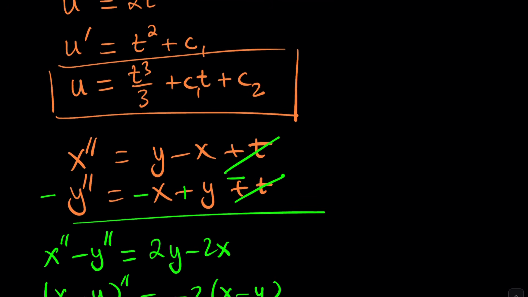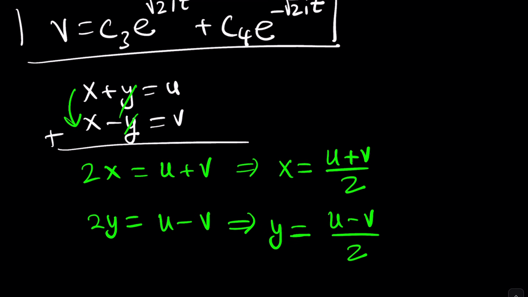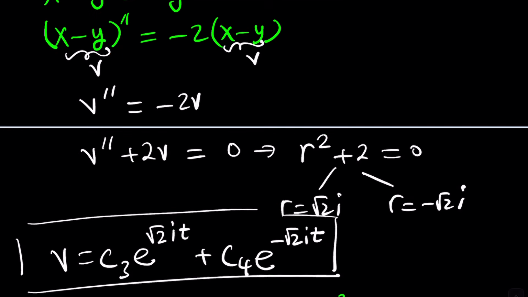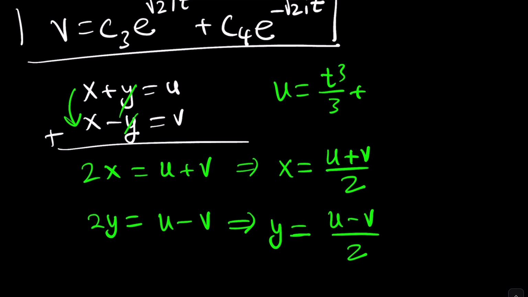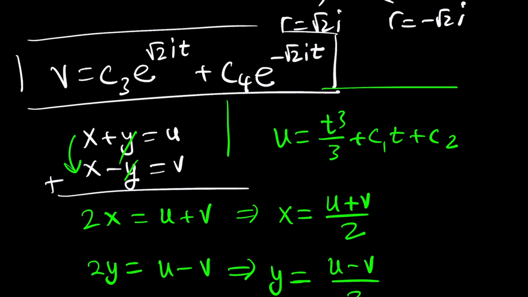I just want to take that expression and copy that over here. u is equal to t cubed divided by 3 plus c1t plus c2. This is u, and v is right there. So we can now add these two expressions.